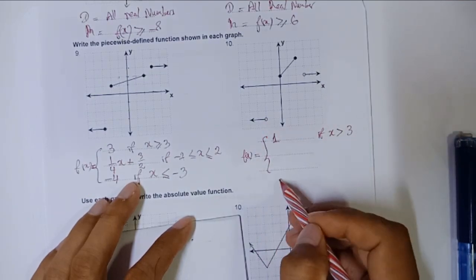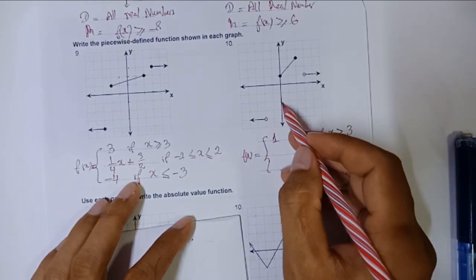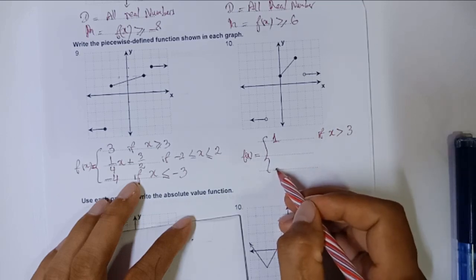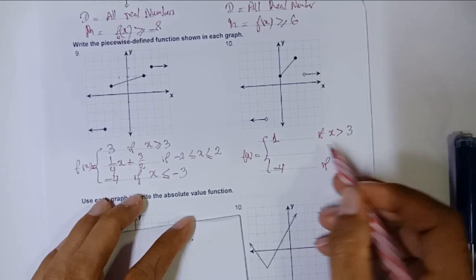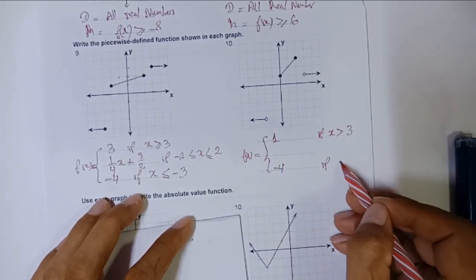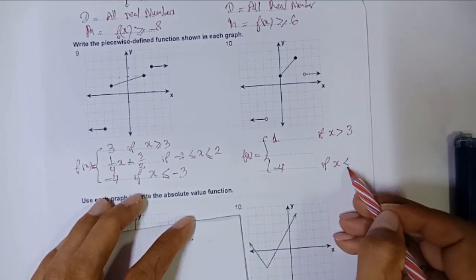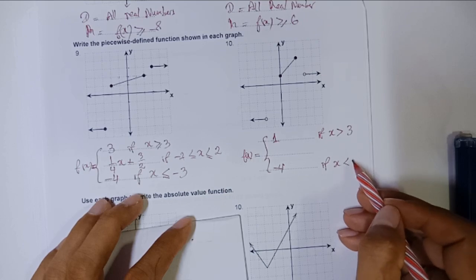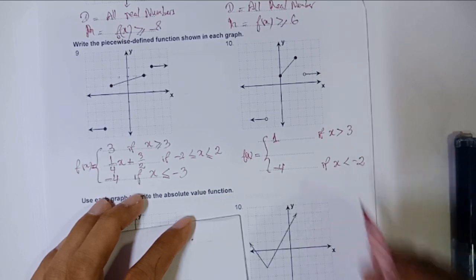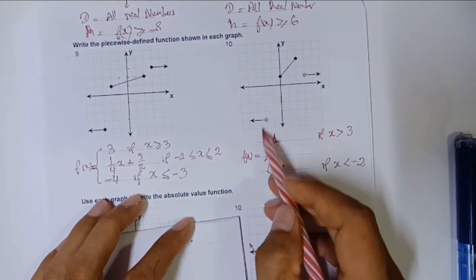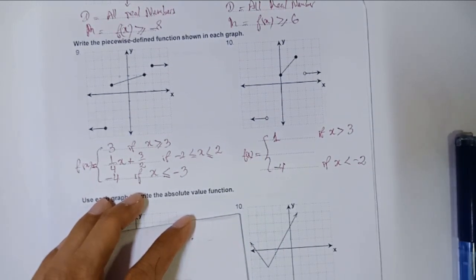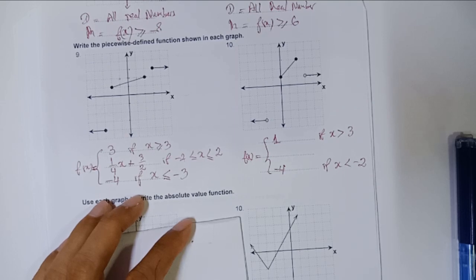And this one right here I put down here is going to be negative 4, given the condition if x is smaller than negative 2. Okay, starting from negative 2, x all the way through.